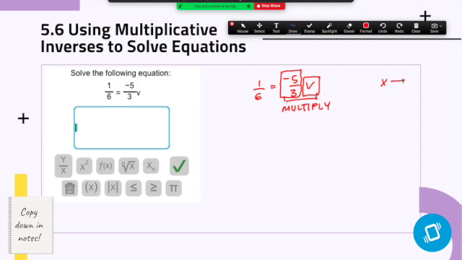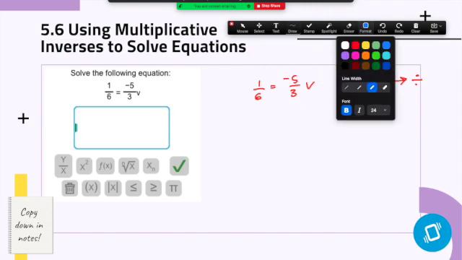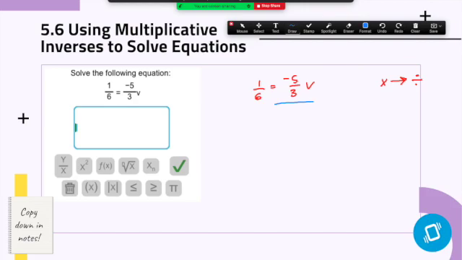The opposite operation of multiplying is dividing, which means I want to divide both sides by negative 5 over 3. Now this looks like an ugly fraction, right?